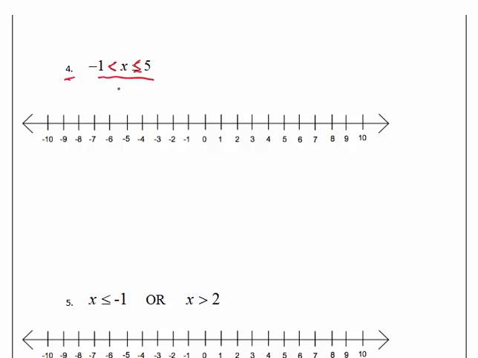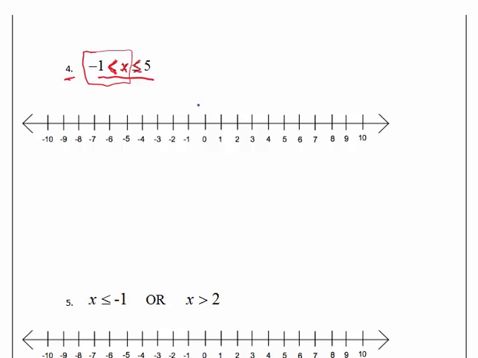If I try to read it in terms of X, I know this one's a little backwards. I got to read that backwards. X is greater than, right, because it opens with the bigger side with the X, greater than -1 and less than or equal to 5. So how I think about these guys is that the set, all the possible X values are in between -1 and 5, in between.